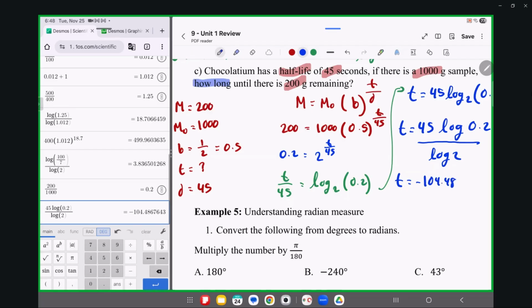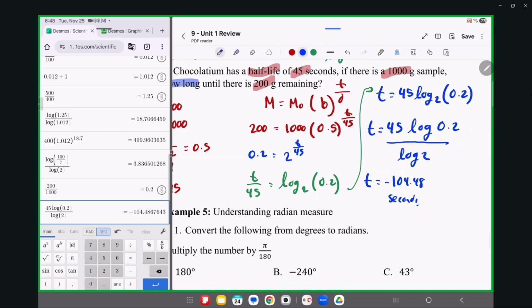Okay, so this is going to be in seconds. So that answer to me was wrong. But here I've just used the base of 2, which happens sometimes.